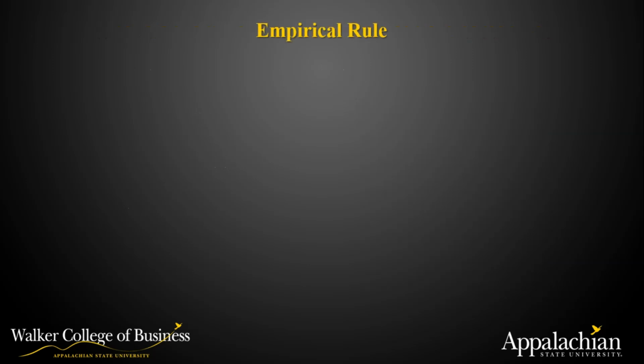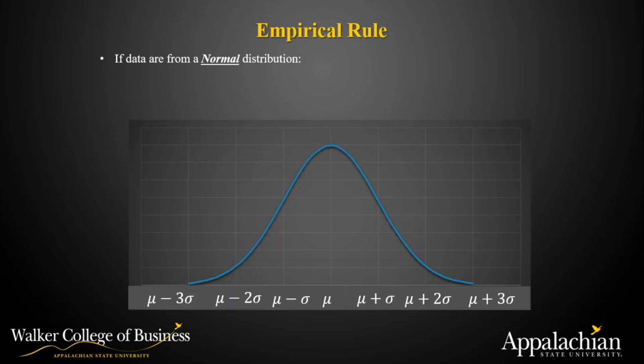So returning to the empirical rule, recall if we have data that have come from a normal distribution, so we have a bell curve centered on mu that tapers off towards 0 at 3 standard deviations away from the mean. We previously saw that 68% of the observations lie within 1 standard deviation of the mean.